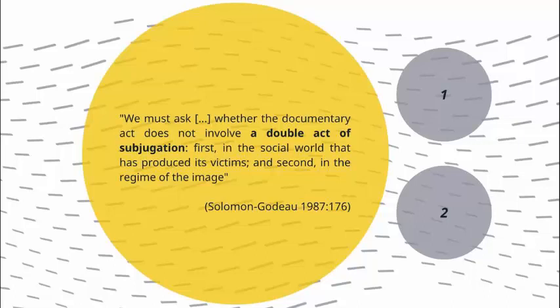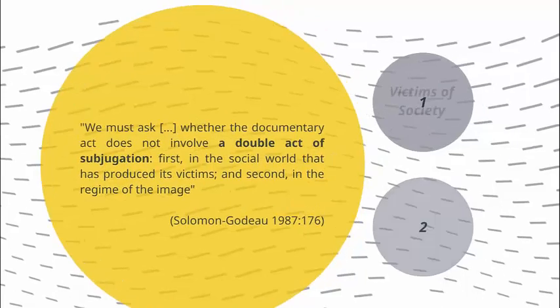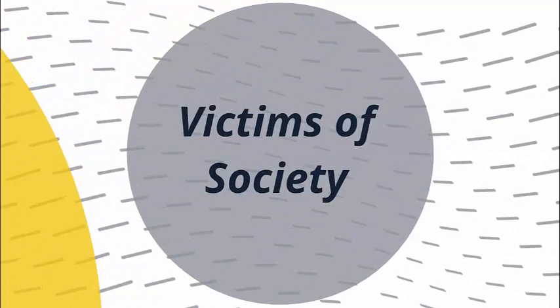But this double act of subjugation is something very specific to Solomon-Godeau. And she sees this double act of subjugation as inherent to all documentary photography, not just to the work of Riis or the work of Lange. When she defines the double act of subjugation, what she's speaking to is the idea that there are two moments in which these vulnerable individuals are essentially victimized.